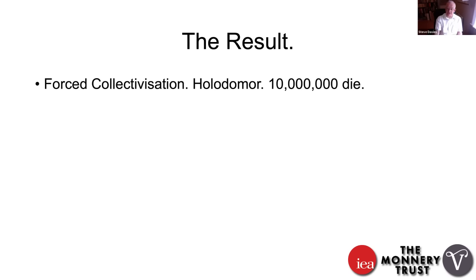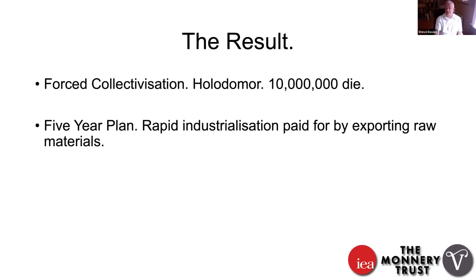This leads in the Ukraine to what is known in Ukrainian as the Holodomor, a word that means something like Holocaust. 10 million people starved to death. Much of the famine is actually quite deliberately caused by the Communist Party in order to break the resistance of the kulaks. There's also the introduction of the 5-year plan.